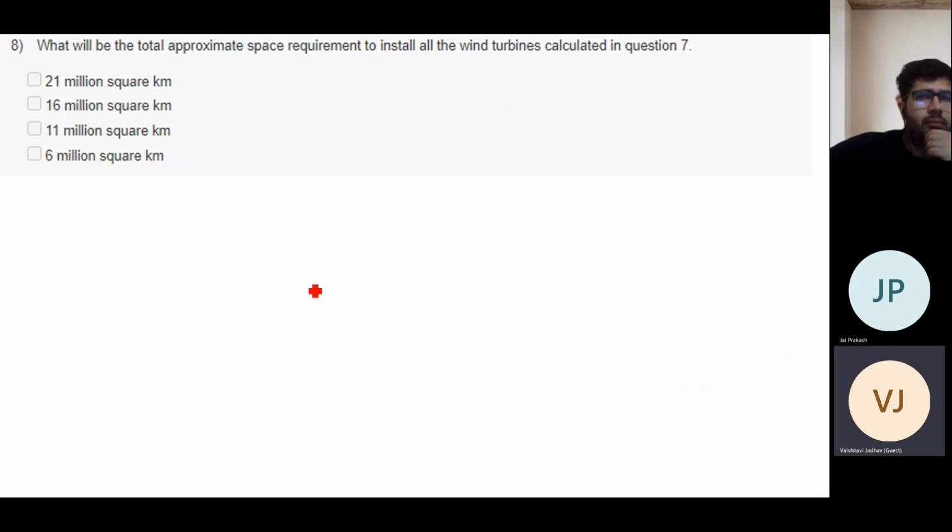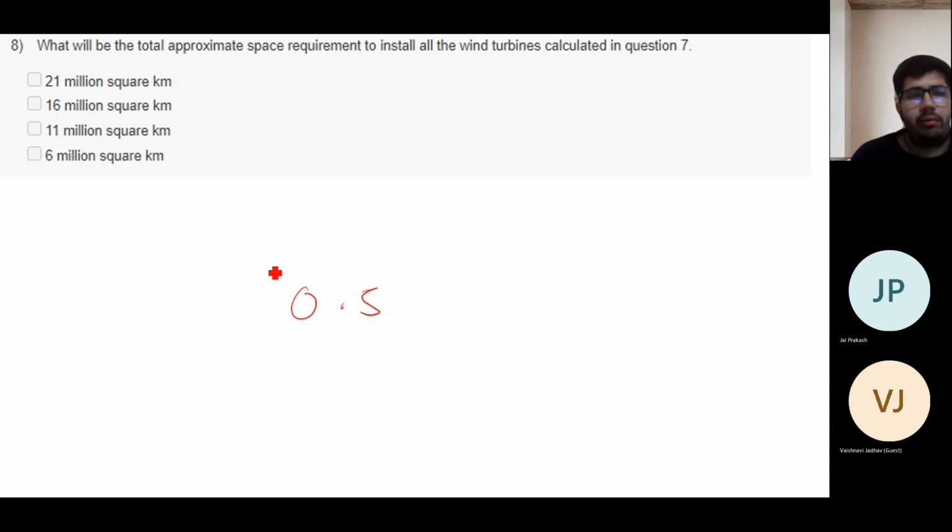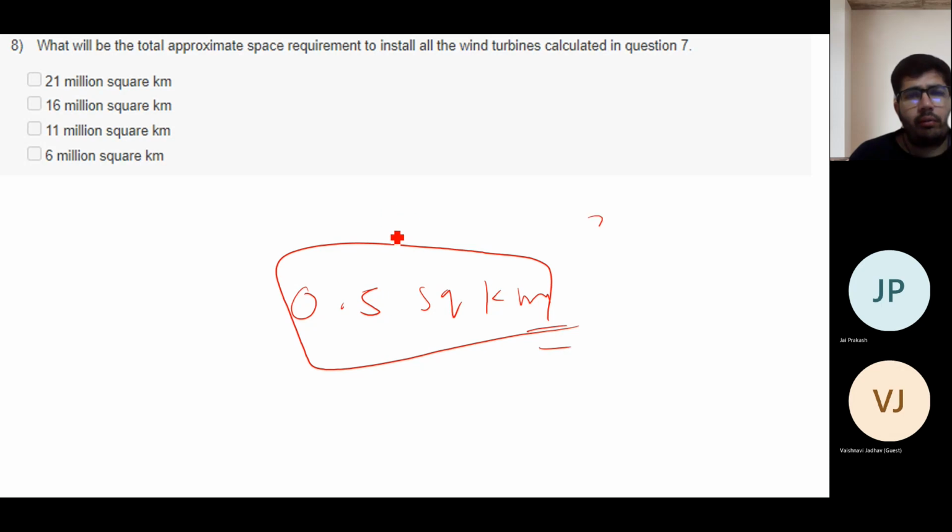Sir, one may be 11 million square kilometers. Yeah, because if we want to install 22 million wind turbines, and one wind turbine requires around 0.5 square kilometer of area, we just multiply 22 into 0.5, and it will come to around 11.